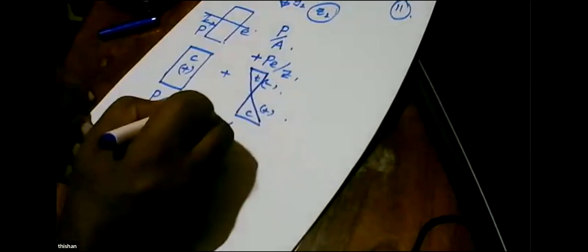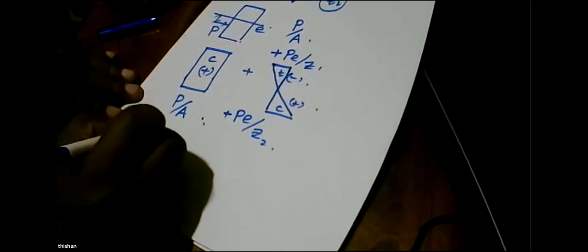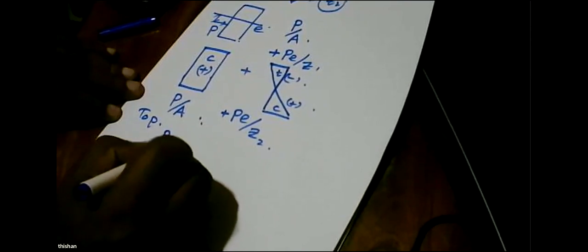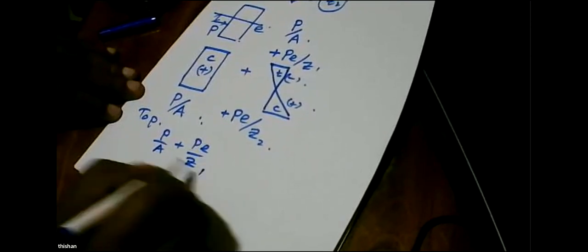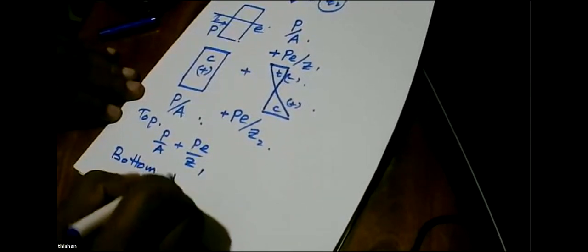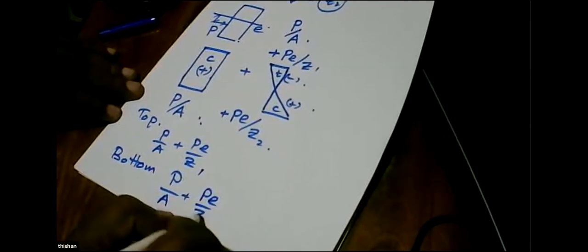So this is plus this. So if you look at the stresses at the top fiber, what you get is P over A plus PE over Z1. If you look at the bottom fiber, what you get is P over A plus PE over Z2.